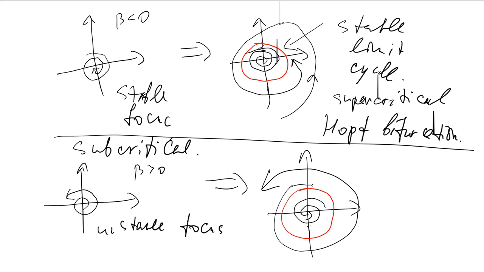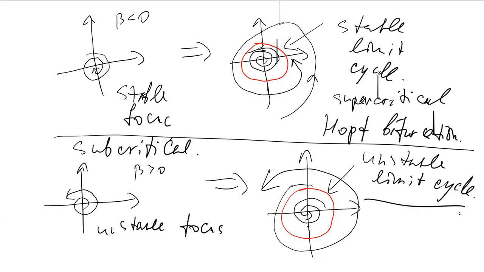So there is divergence inside and outside. So this is an unstable limit cycle. Okay, this probably is pretty much all that you need to know about Hopf bifurcation.